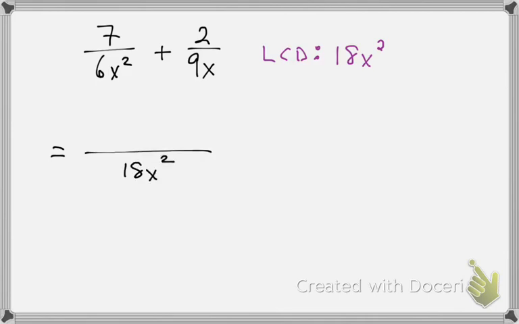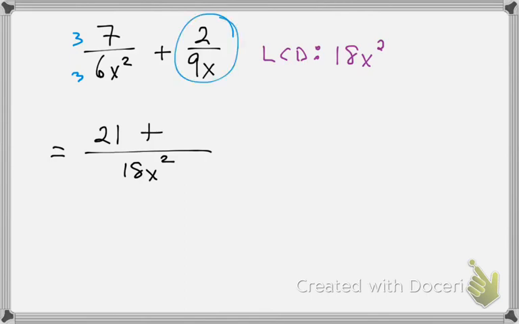So if my LCD is 18x squared, now what is the first fraction missing? A 3. So if I multiply the denominator by 3, I have to multiply the numerator by 3 as well. So that's going to be 21, carry down the plus.